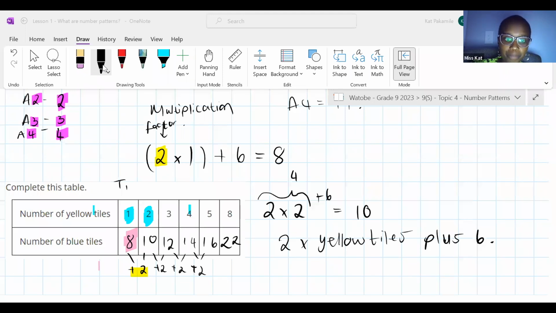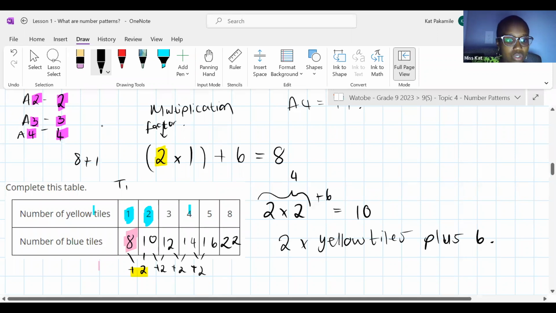Ma'am, could you also do 8 plus 1 times 2? For all of the terms, for the whole thing. Okay, you mean 8 plus the term number times 2?